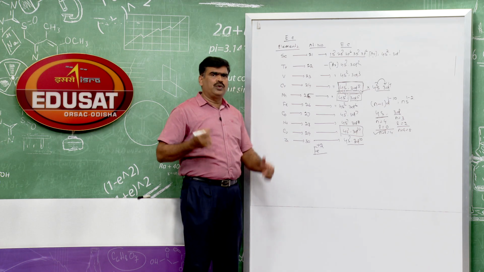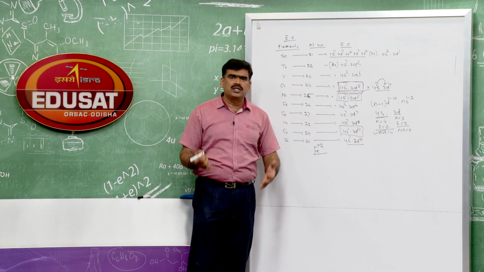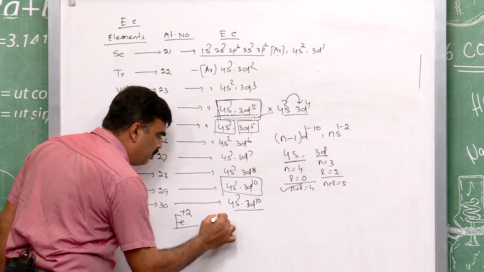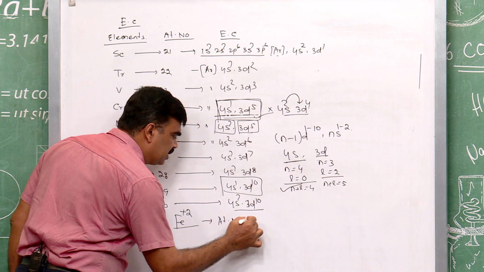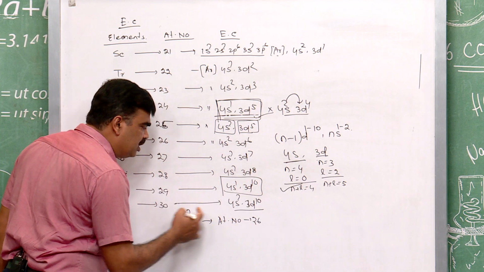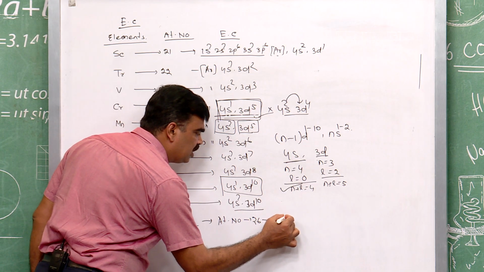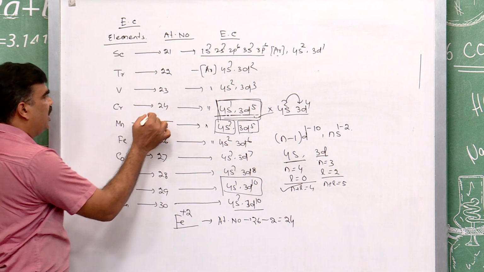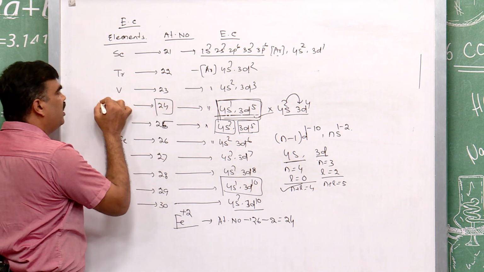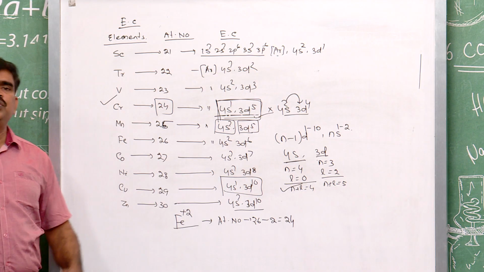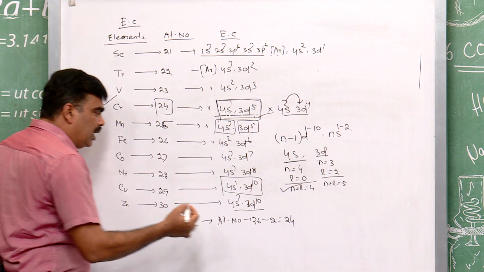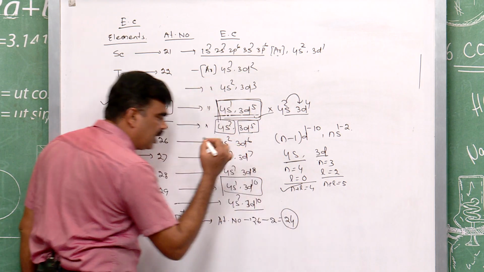For example, if you are asked to write down the electronic configuration of Fe2+, what will be your answer? Many students are making a mistake. What mistake are they making? They simply write that the atomic number is 26, 2+ means it loses 2 electrons, so it has 24 electrons. With 24 electrons, they write the electronic configuration like chromium. It is suicidal. It should not be done like this.